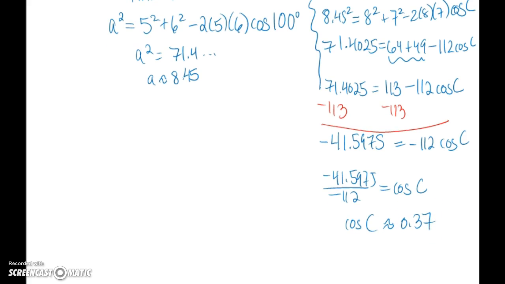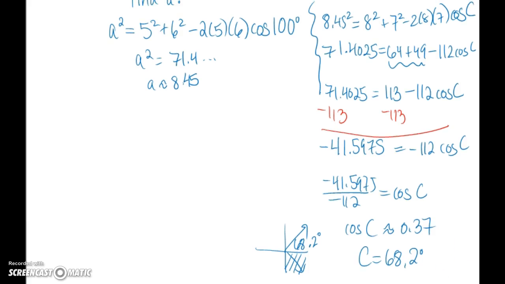Use inverse cosine to find angle C. Cosine's positive in quadrants 1 and 4, but a quadrant 4 angle measure wouldn't make sense in a triangle, so we're only looking at the quadrant 1 angle, 68.2 degrees. So angle C is approximately 68.2 degrees.